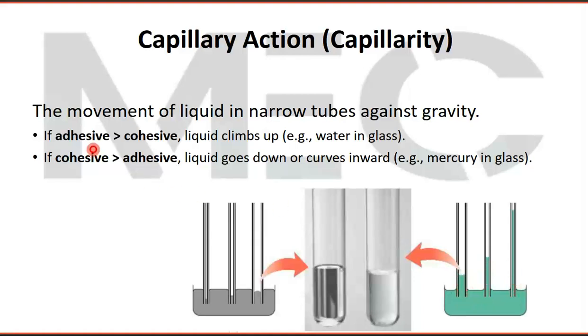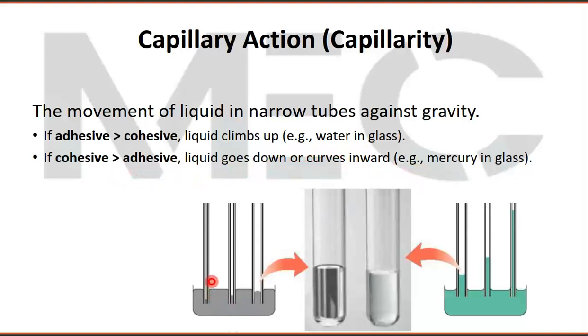If adhesive force is greater than cohesive force, the liquid climbs up, for example, water and glass. If cohesive force is greater than adhesive force, the liquid goes down or curves inward, like mercury in glass.